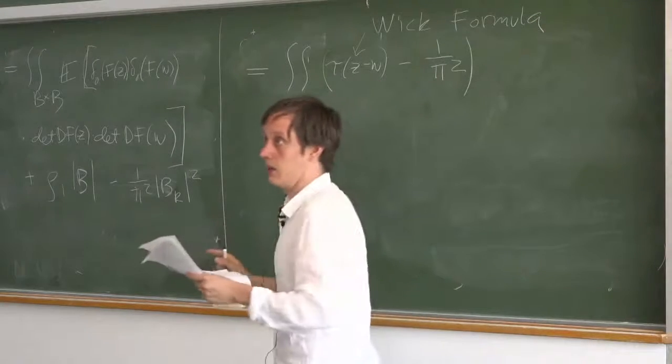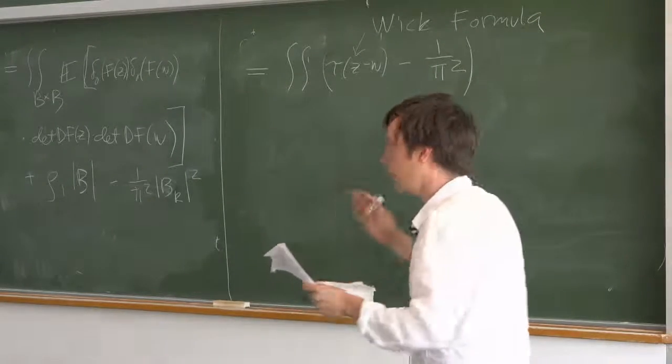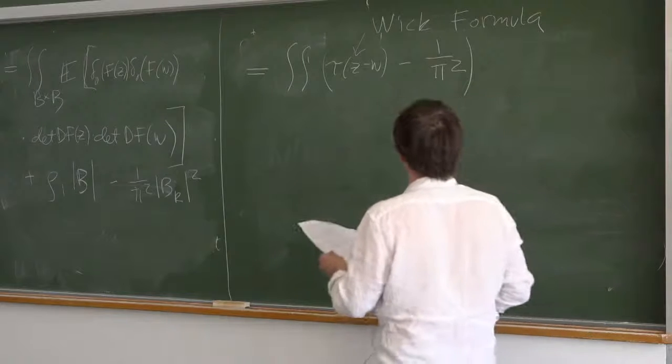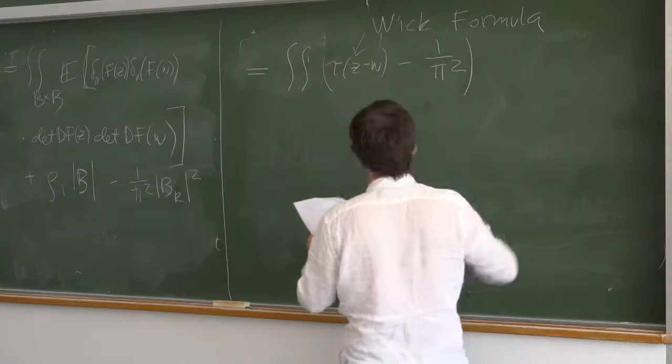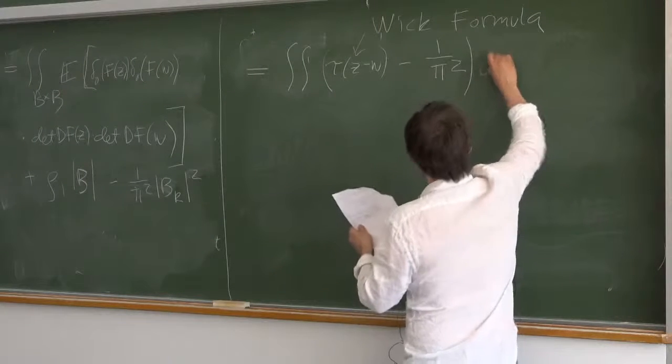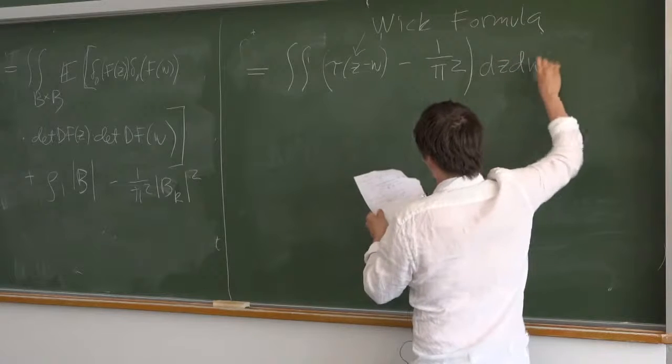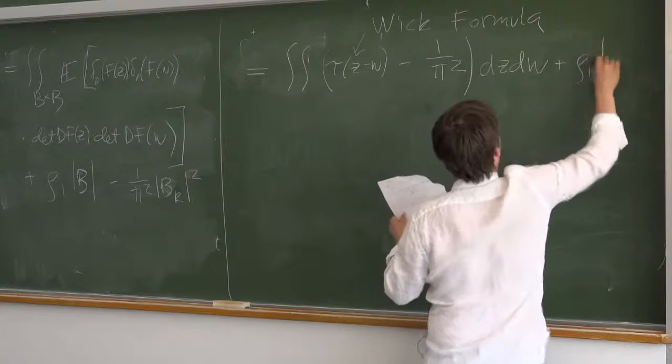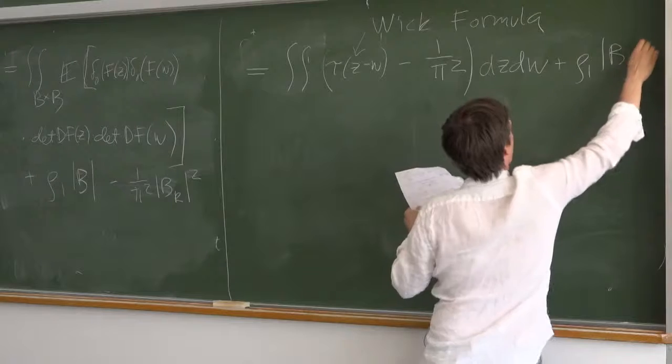It's still pretty complicated, but it's better than not using the Wick formula. Plus rho 1 of B_R.